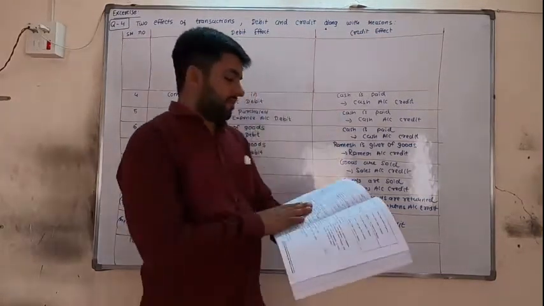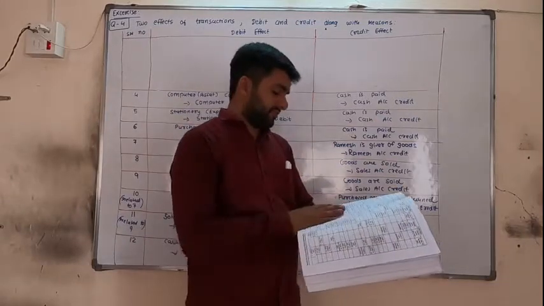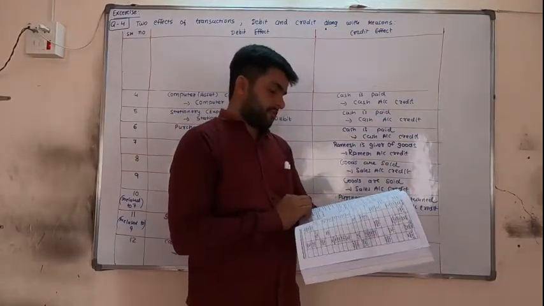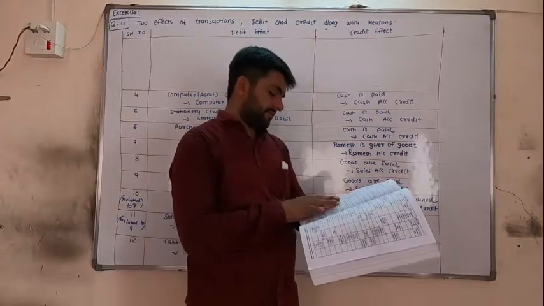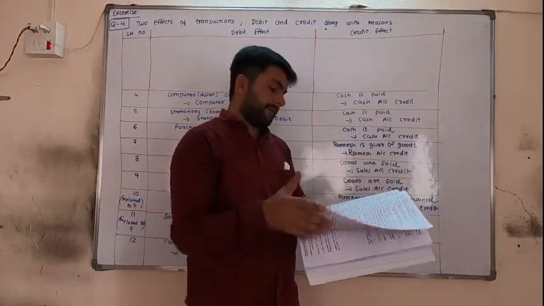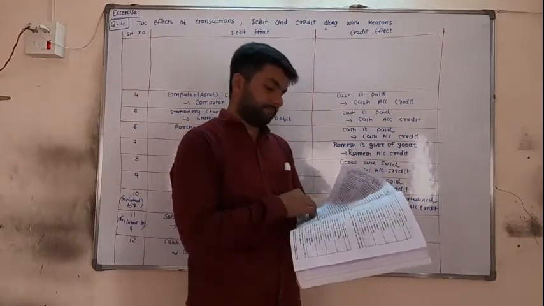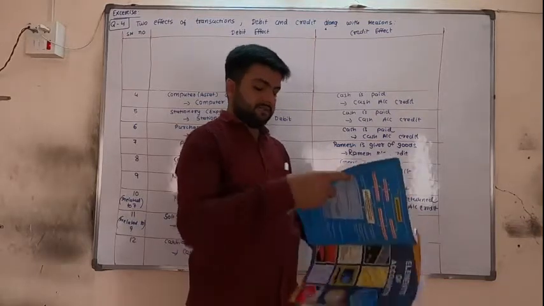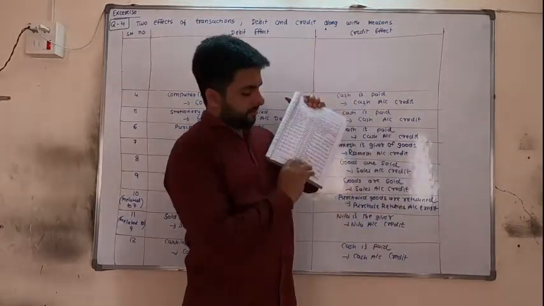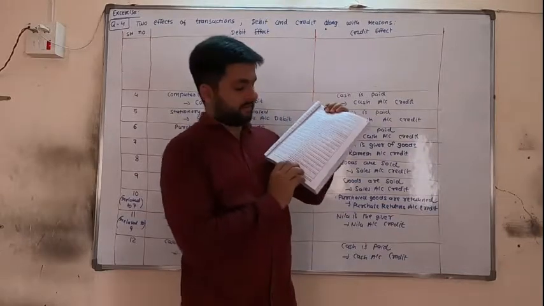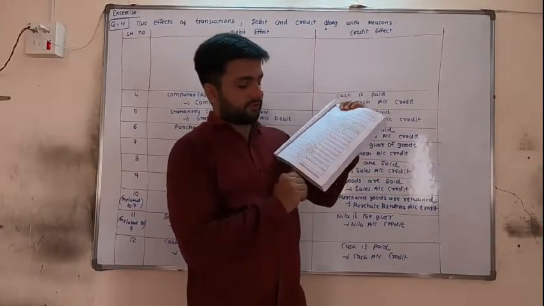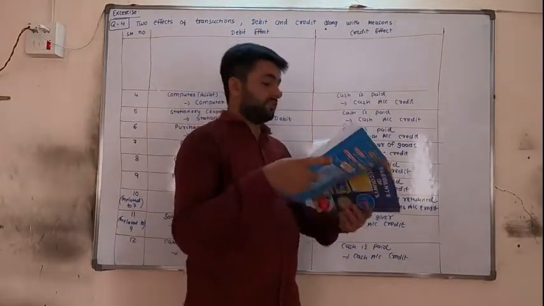I can tell you from this illustration, yes, in page number 39, goods destroyed by fire, nominal account and expense or loss. Goods destroyed by fire is a loss to the business.